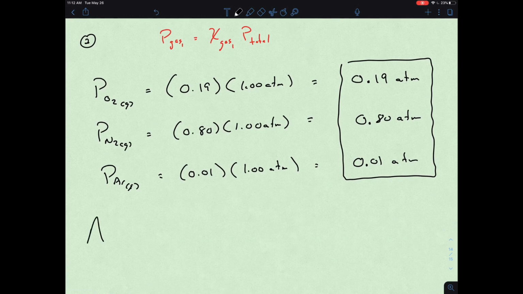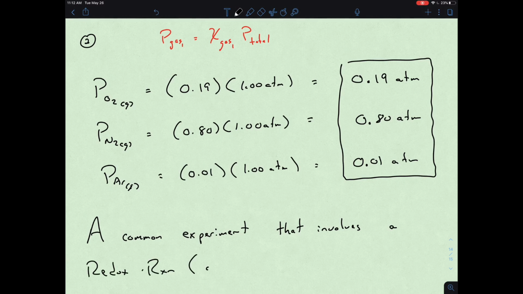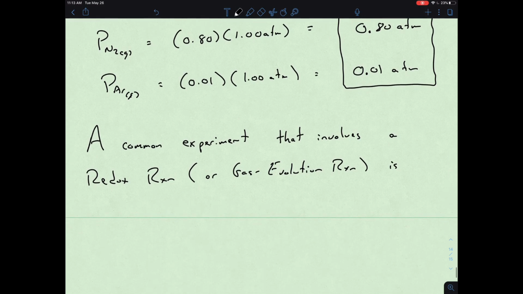A common experiment that involves a redox reaction, or a gas evolution reaction, is collecting gas over water.